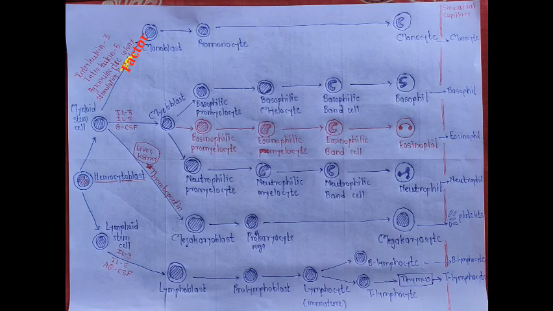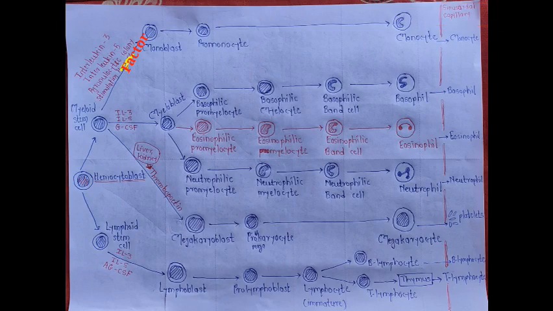Promonocyte has a continuously condensing nucleus and granules which are not visible by any stain under the microscope. As a result, it gives rise to a mature monocyte. Then the mature monocyte enters the blood through the sinusoidal capillary.